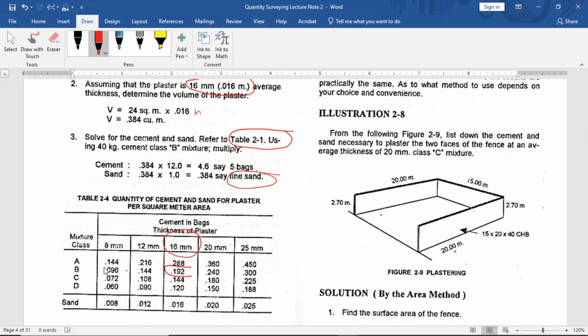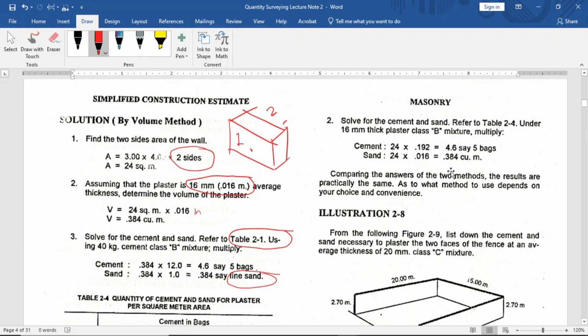Tapos, ito, class B cement and sand. So, 0.192 tsaka 0.016. So, ita-times lang natin. Makuha na natin yung number of bags and sand para sa plastering.